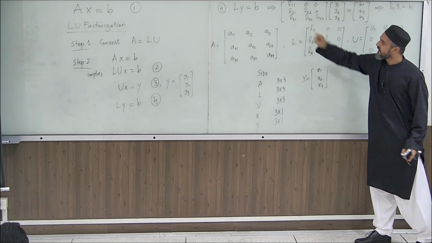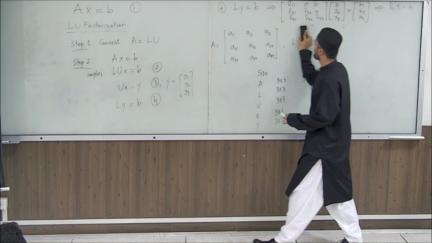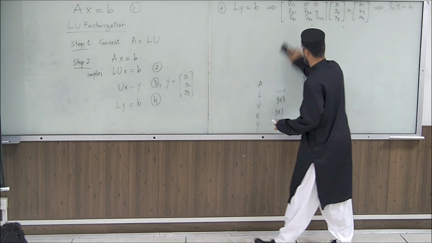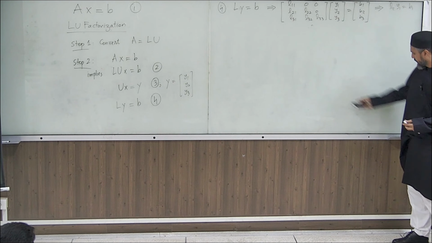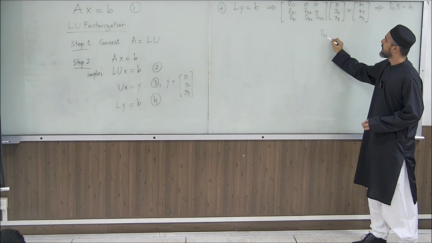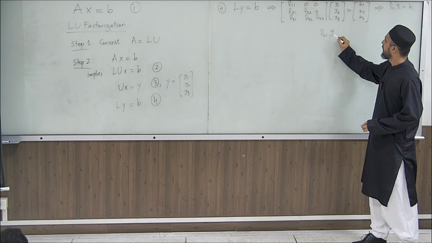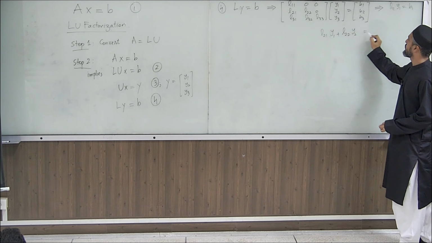Then if you go to the second equation, it says L21 times y1 plus L22 y2, and the next term is 0, equals b2.